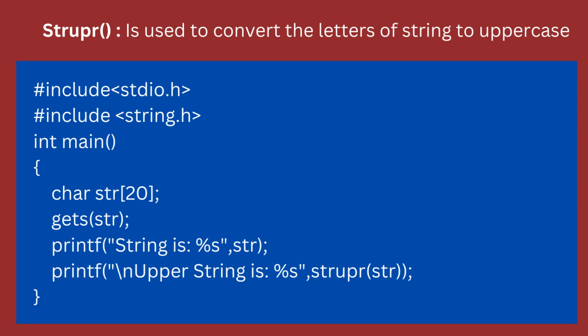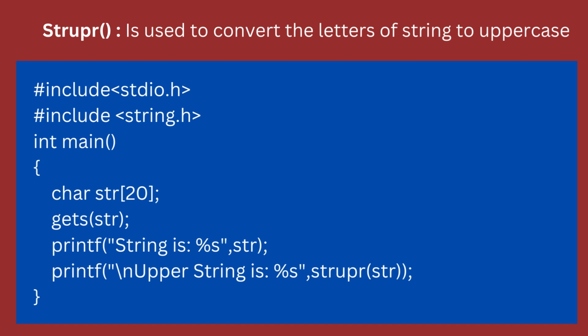Same as with lowercase, we take the data from the user, we print the actual string, then we print the string converted into uppercase. It's a formatted print. When we want to format our string in lowercase and uppercase, we use these functions.